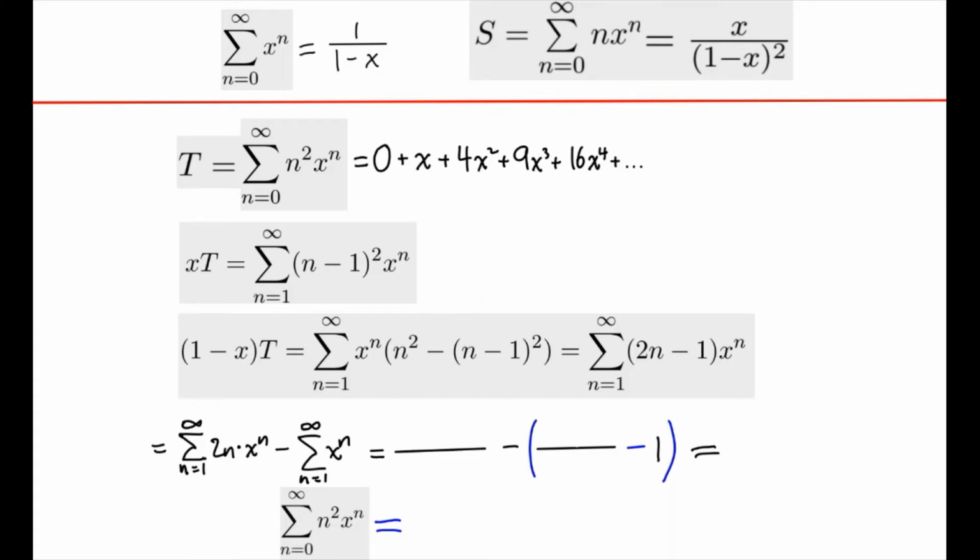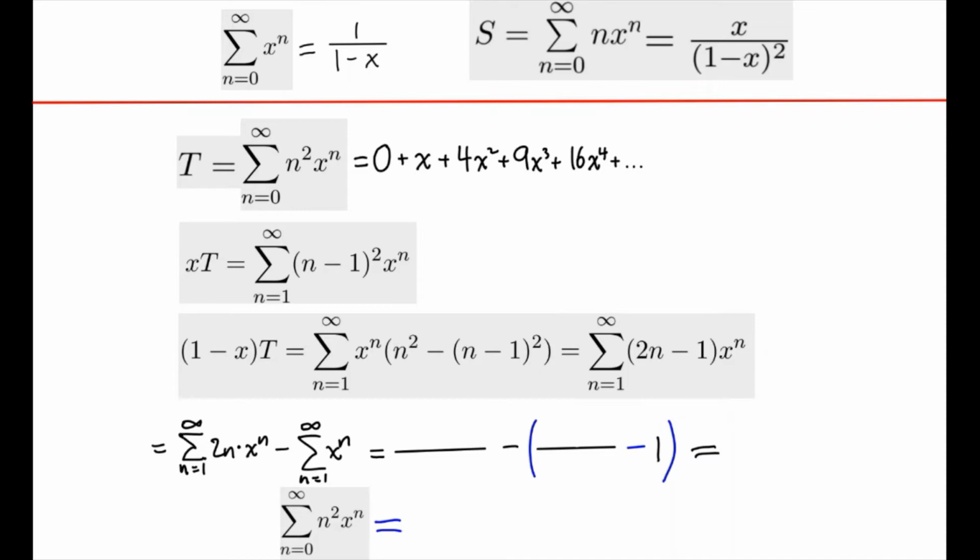Now, first of all, this obviously is equal to this over here, and when we multiply it by x, we get this over here. Now, by subtracting these two again, like we did in our last video, we find out that the difference is equal to this over here, where we have 2n minus 1 times x to the n power.